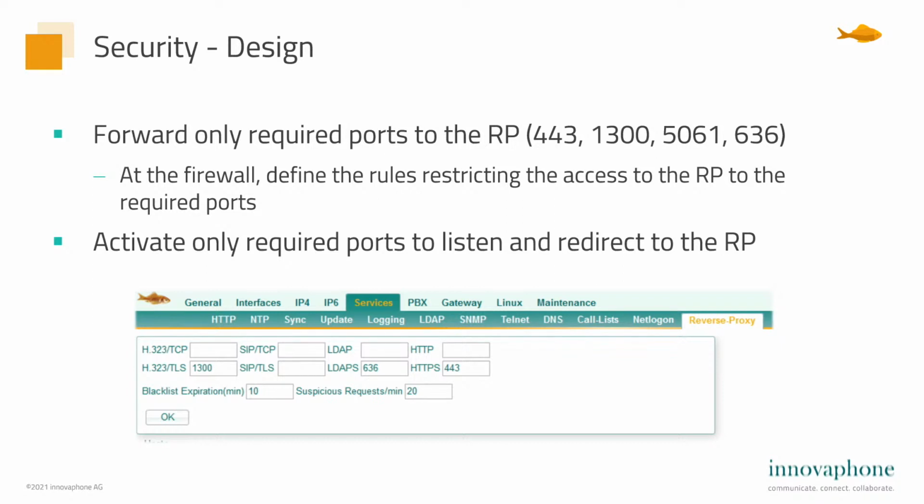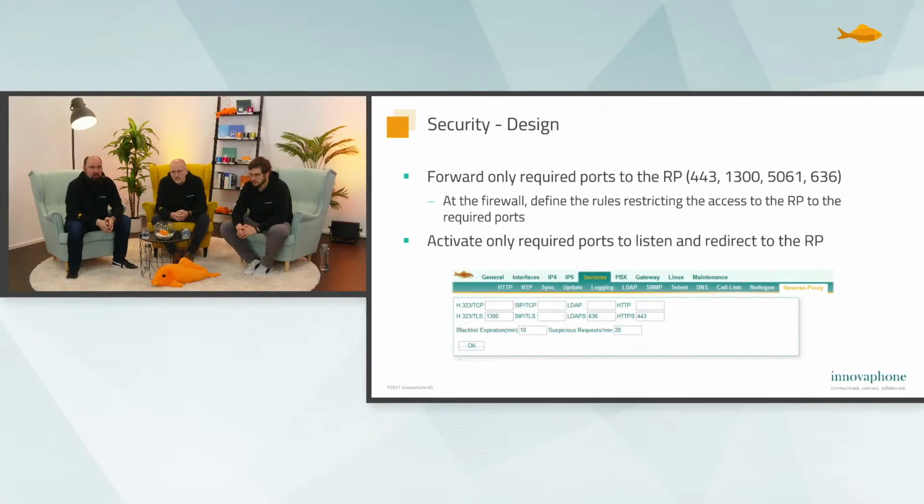If you do H323 TLS, you use port 1300. Exactly the same for SIP and SIPS with port 5060 and 5061, if the devices can do that. If they support TLS, support SIP secure, you can restrict to only SIP secure.